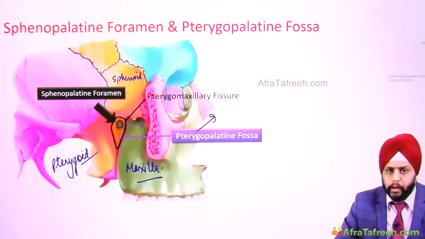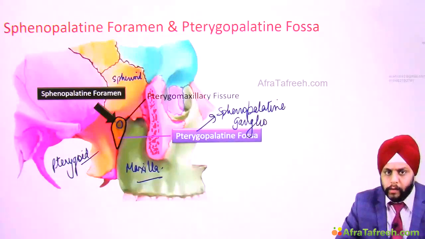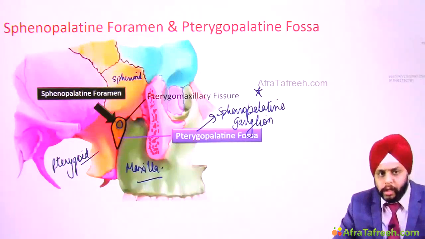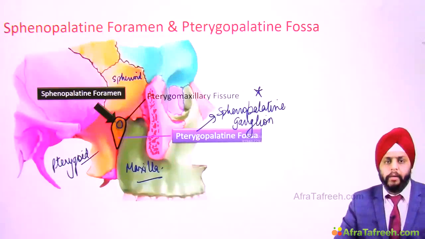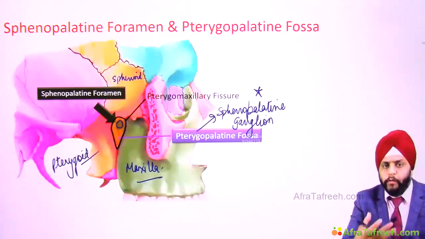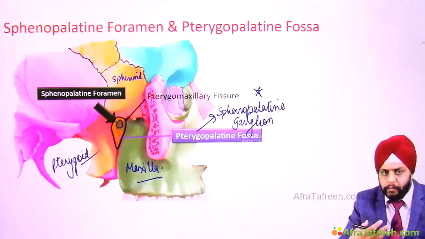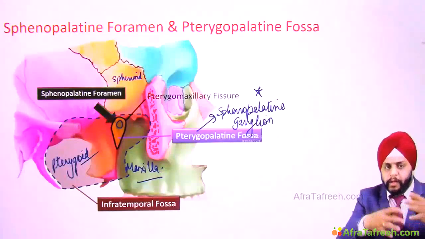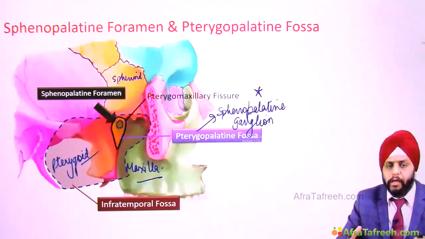In this pterygopalatine fossa, we have the pterygopalatine or sphenopalatine ganglion. The largest peripheral parasympathetic ganglion is over here, right? And once you come out of this pterygomaxillary fissure, if you come outside, then we have this space that is known as infratemporal fossa.